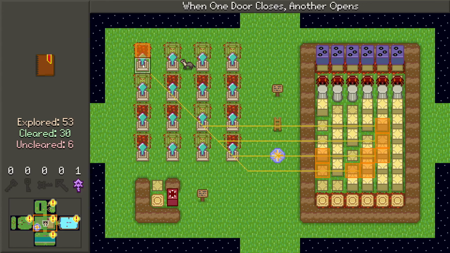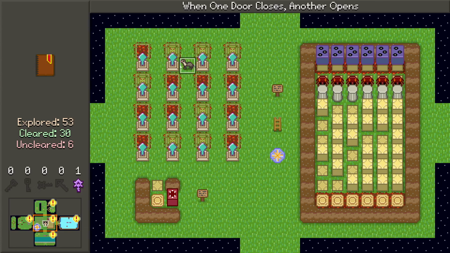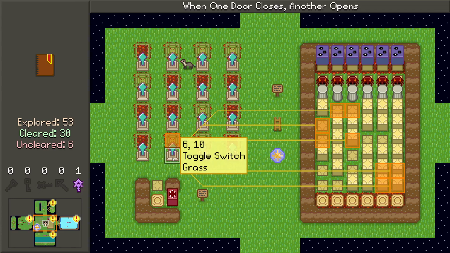Okay. Let's see here. If 6-4 toggles, 8-4 must also toggle. Alright, so 6-4 equals 8-4. Let me just write down what I know. 6-4 equals 8-4. 4-6 is on. 6-10 is on.